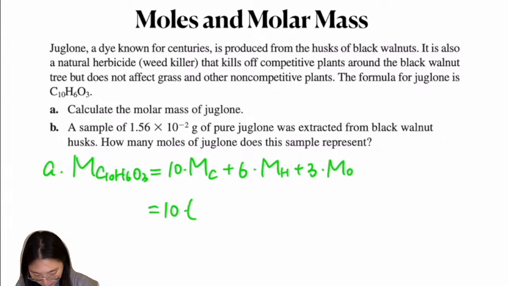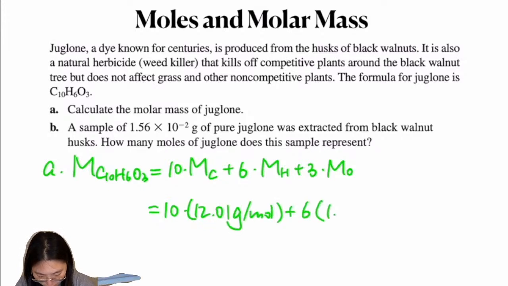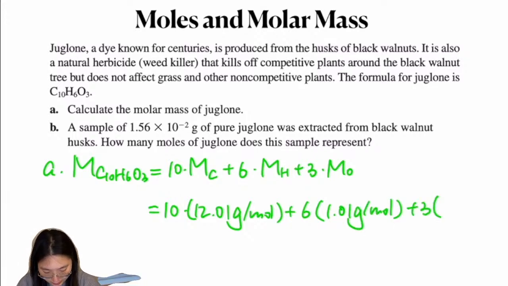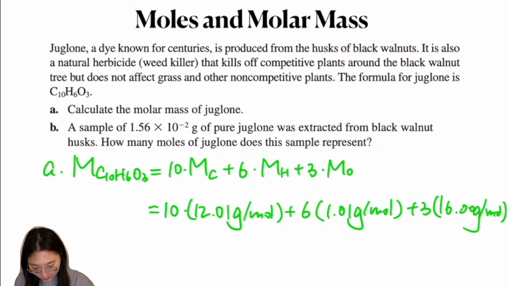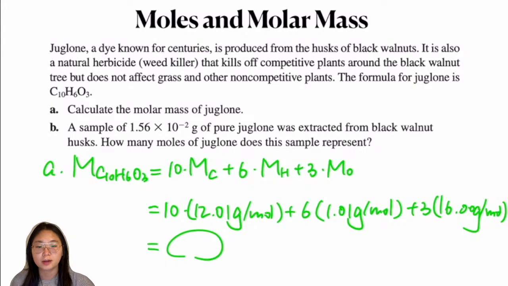So that's 10 times 12.01 grams per mole plus 6 times 1.01 grams per mole plus 3 times oxygen, 16 grams per mole. And then use a calculator to calculate it. In the end, when you eventually get the answer, you always need to put the unit, which is grams per mole.